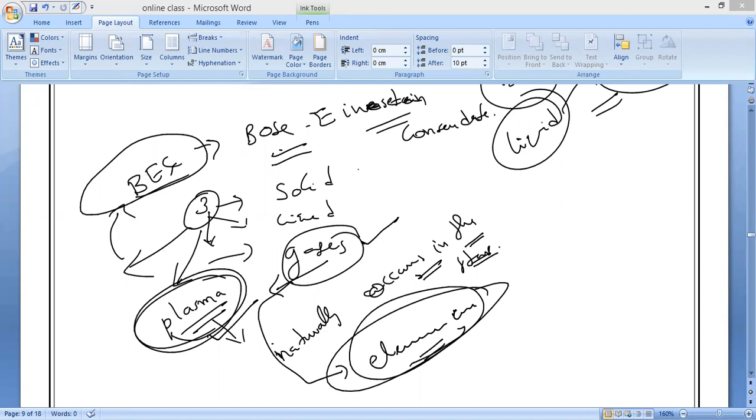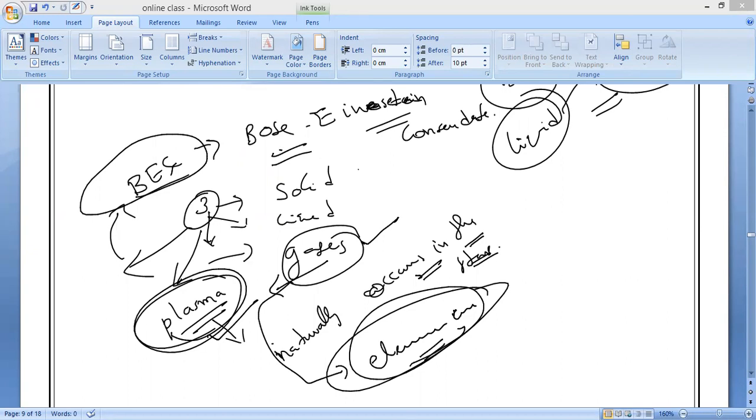It was predicted by Einstein and written by our Indian scientist Satyendranath Bose. After that, the American scientists Cornell, Ketterle and Wieman found it.